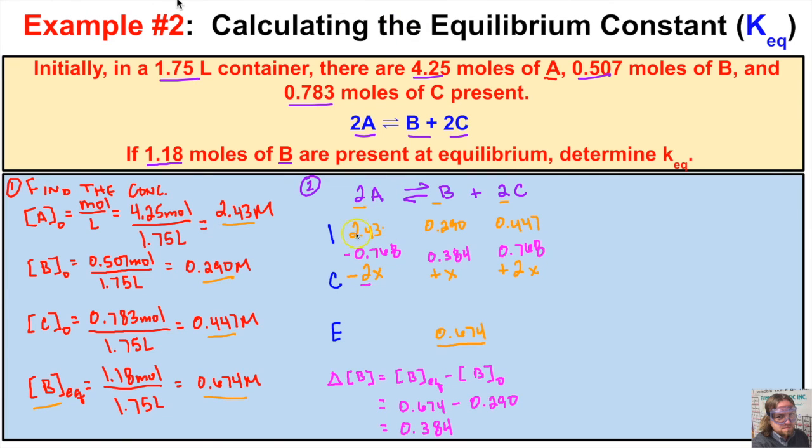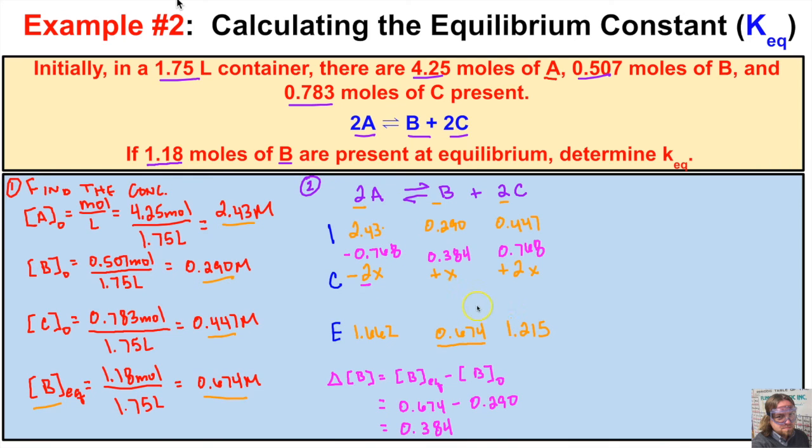So let's go ahead and do that now. The initial concentration of A was 2.43. The change is negative 0.768. And so the equilibrium concentration here will be 1.662. If we take a look at the equilibrium concentration of C, we get that by taking the initial concentration of C, which is 0.447, plus 0.768, and we're going to end up with an equilibrium concentration of 1.215.